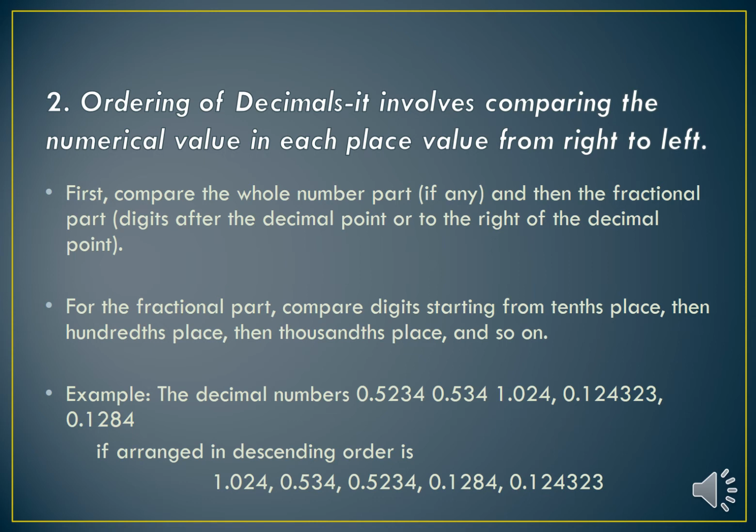And the fractional part is from the decimal point going to the right. For the fractional part, compare digits starting from the tenths place, then hundredths, then thousandths place, and so on.